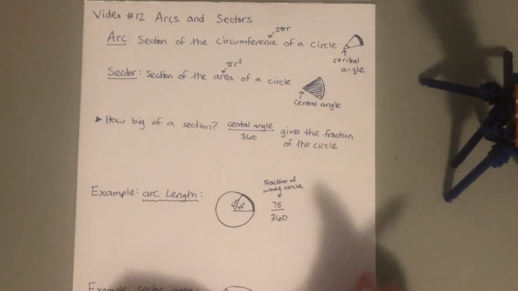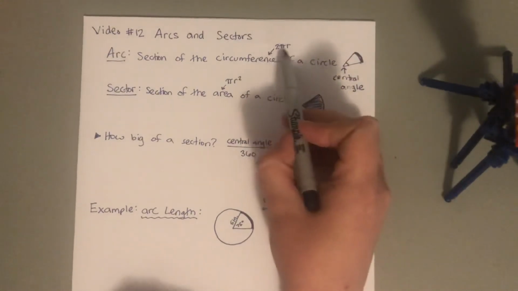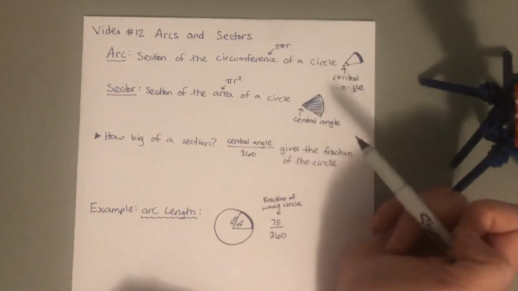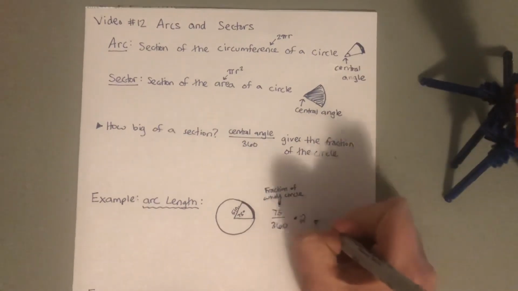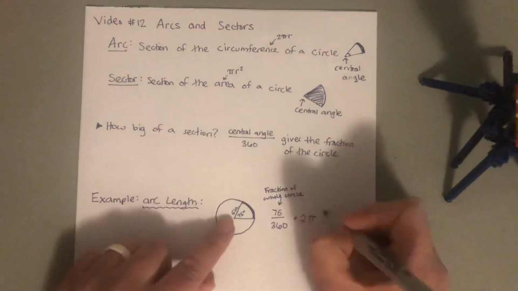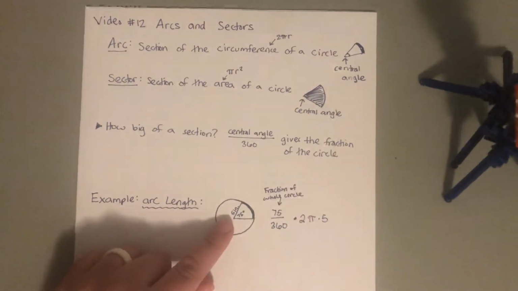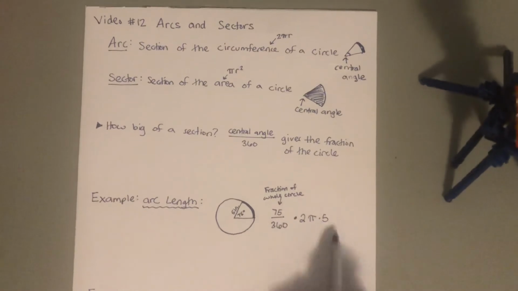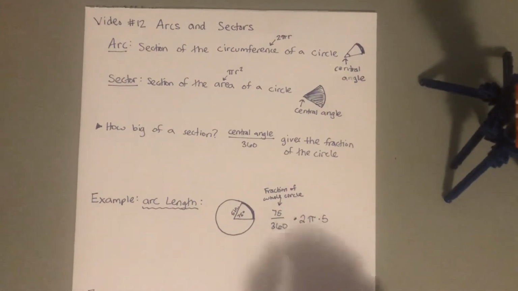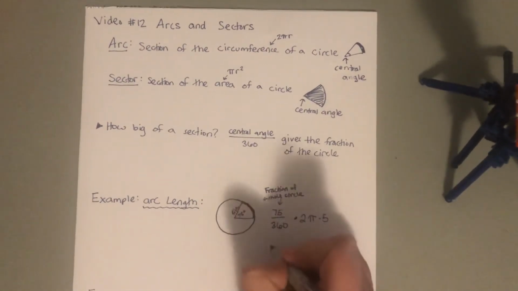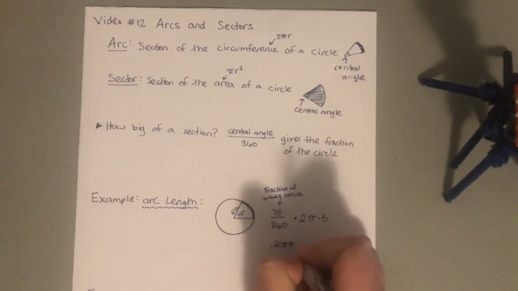Remember, the circumference of a circle is given by 2 pi r. That's the formula for finding the circumference of a circle. So we're going to take this fraction and multiply it by 2 pi r. And r is 5 here. That's the radius. Now if we take our calculator, we would do 75 divided by 360 and see what we get there, times 10, because 2 times 5 is 10, and then times pi.